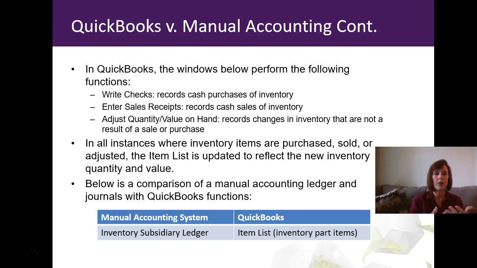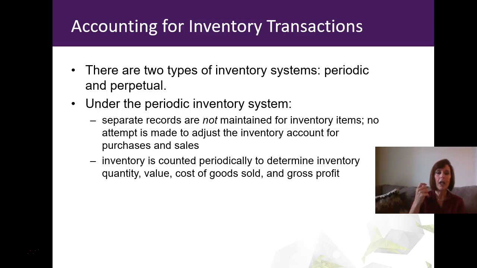We can go in and make those adjustments. If we have inventory that walks out the back door, due to some sort of theft, we need to also make adjustments to ensure that what our inventory reports are showing is actually what's saleable and available in our warehouse. So the inventory subsidiary ledger in a manual accounting system is the equivalent of the item list menu in QuickBooks.